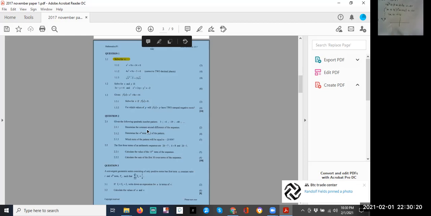Here we have the critical value at minus 4. So the graph is going to be concave up, and since the root repeats itself at minus 4, it touches the axis only once.